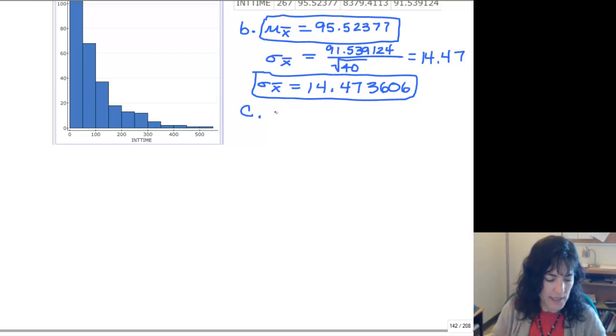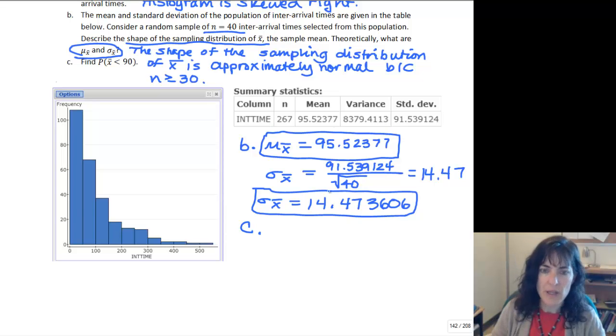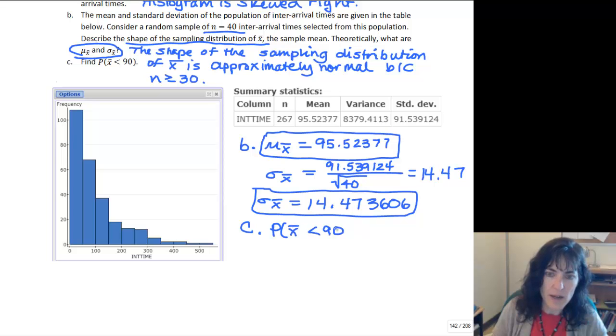And then for part C, I want to know, let's go back up just a little bit, find the probability that X bar is less than 90. So first thing I want to know is what's my Z if my X bar is 90.